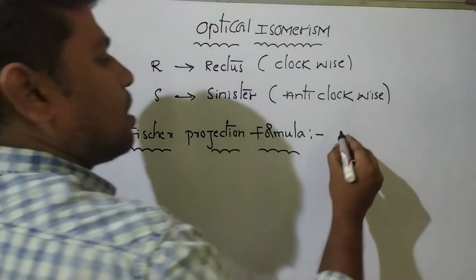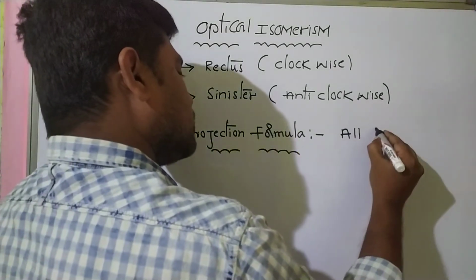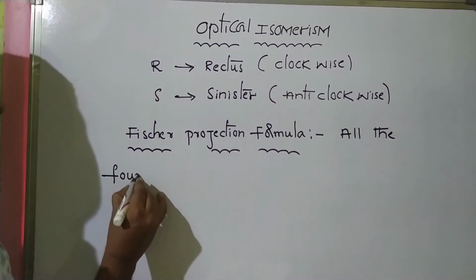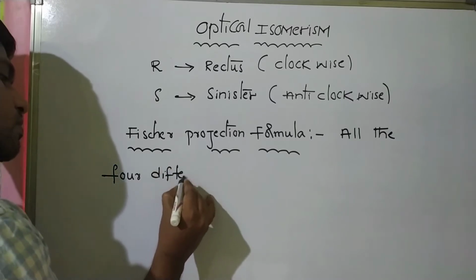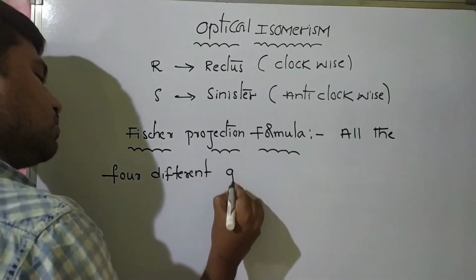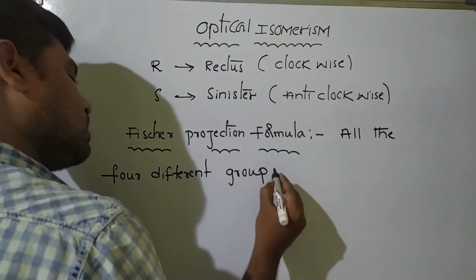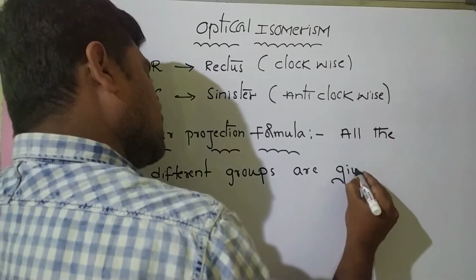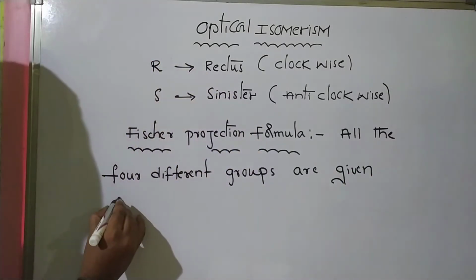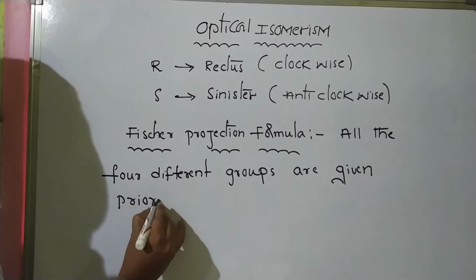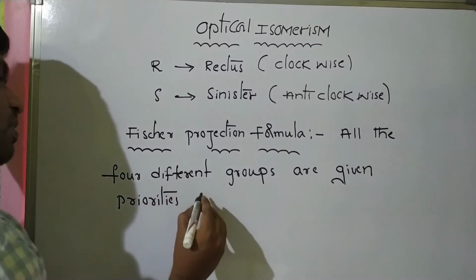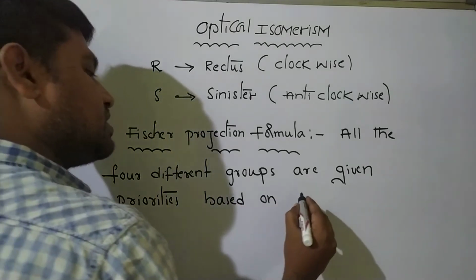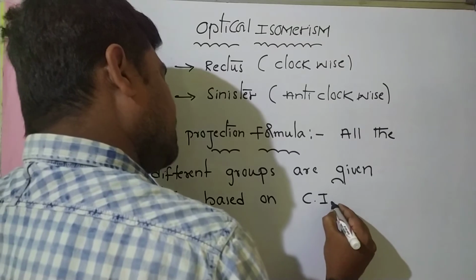First of all, all the 4 different groups are given priorities based on CIP rule.